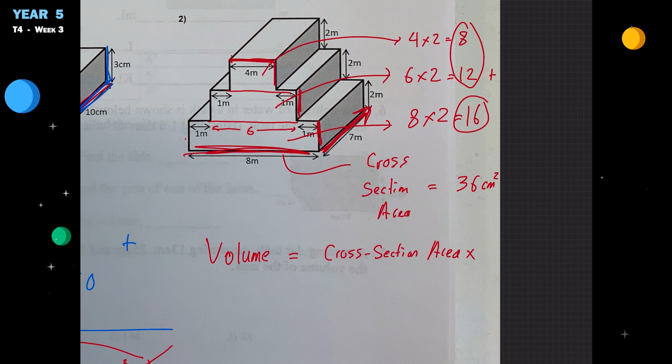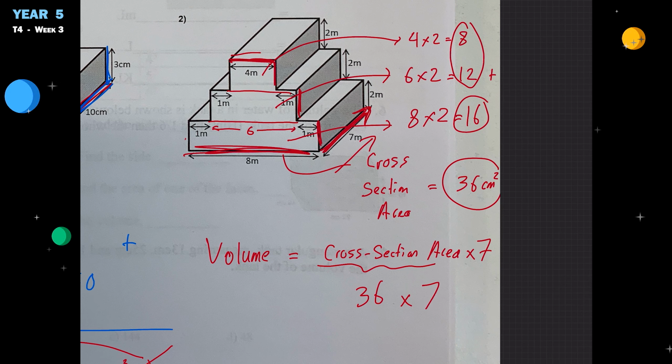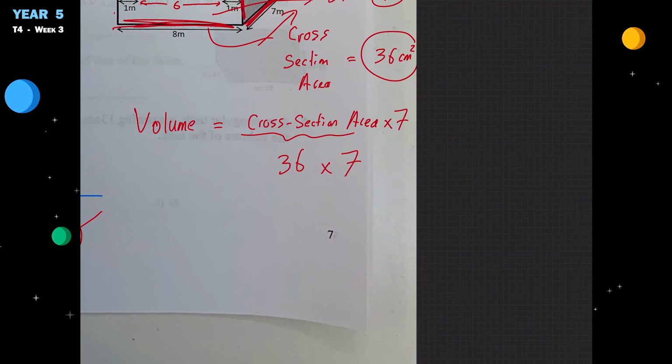In this case, we're stacking it across, so you times it by 7 because we're stacking it 7 meters that way. So 36 times 7, get the answer, and it'll be in meters cubed.